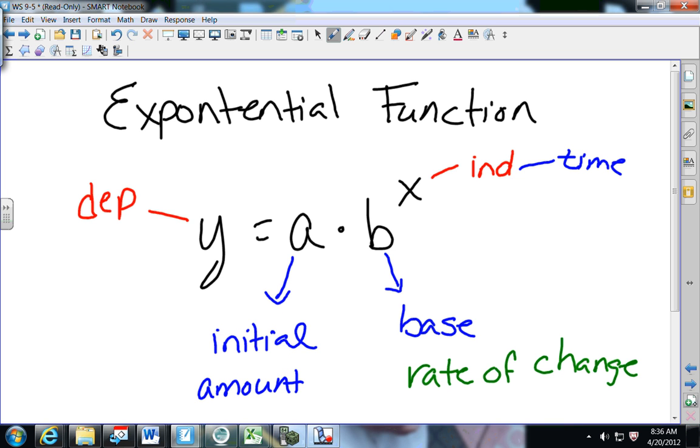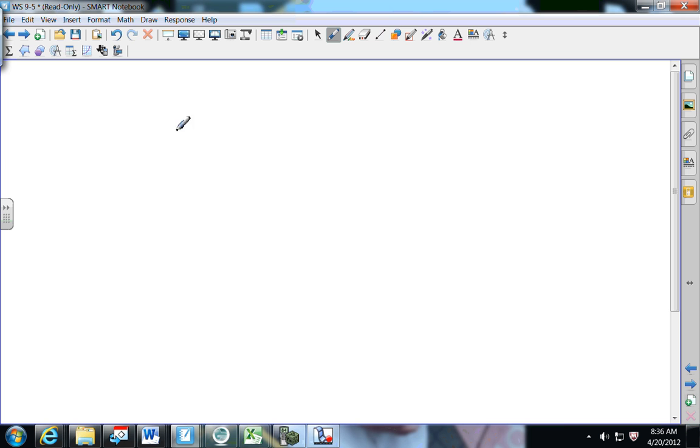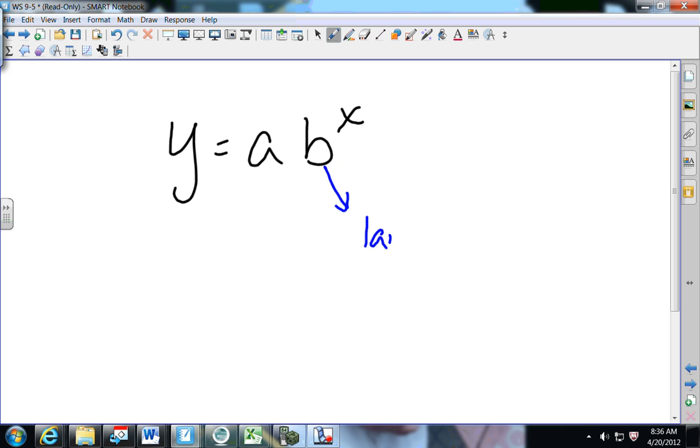Now, if I wanted to talk about growth, okay, if I wanted to talk about growth, this number right here is going to be larger than 1. Well, give me the type of phrases that we used when we did one of our other assignments.